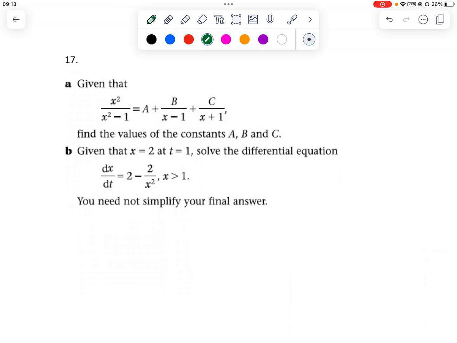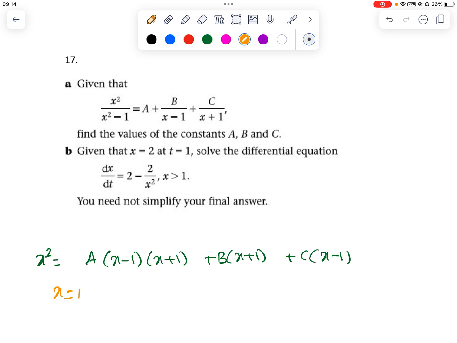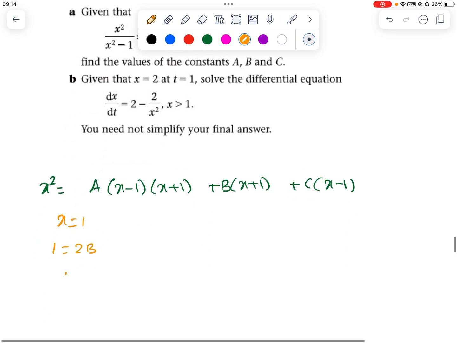Question number 17, partial fractions. So x squared equals A(x - 1)(x + 1) + B(x + 1) + C(x - 1). Plug in x equals 1. So 1 equals 2B, which gives me B as 1/2.